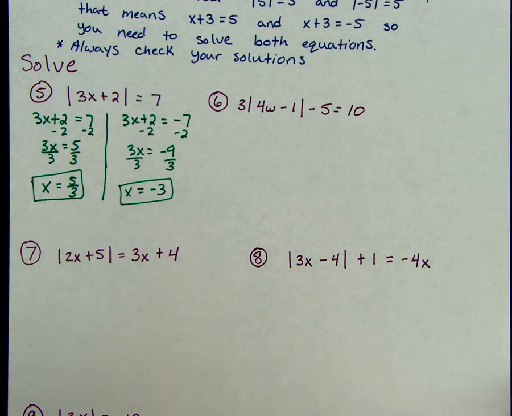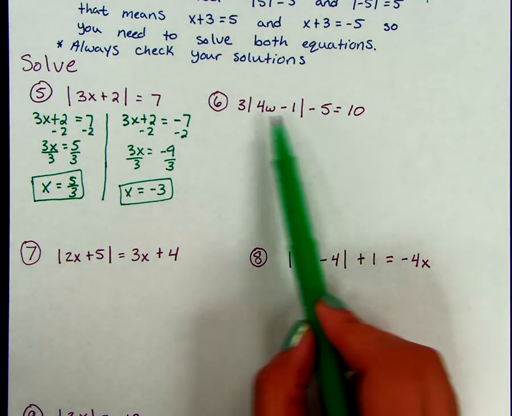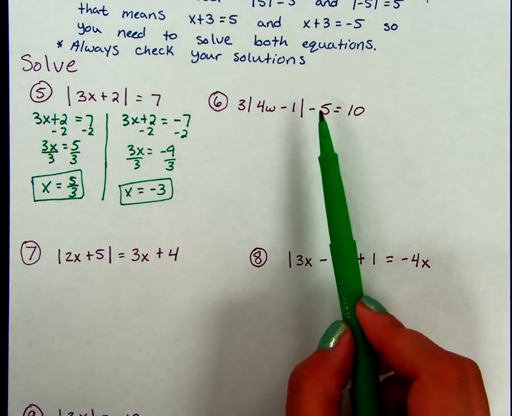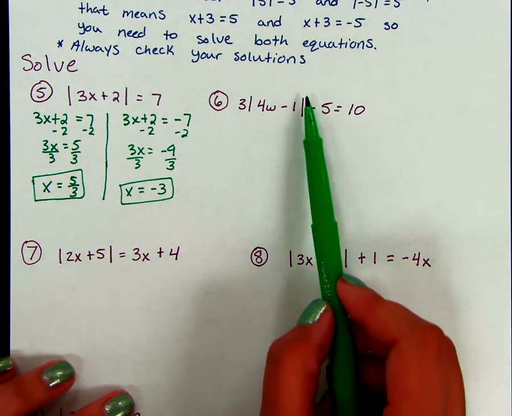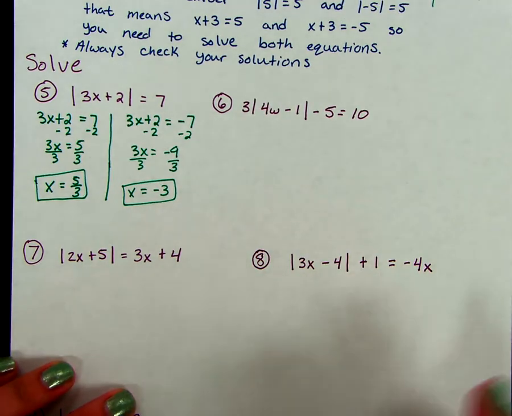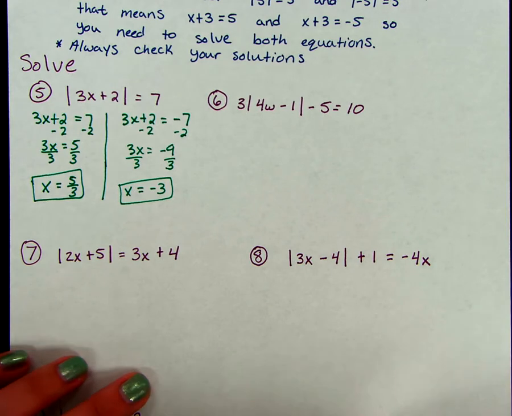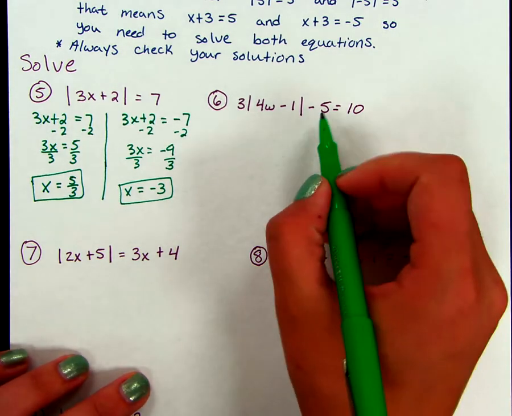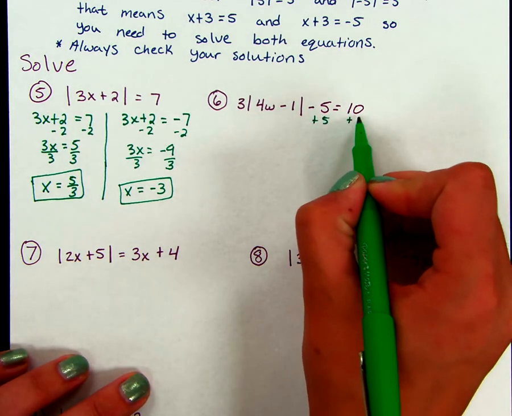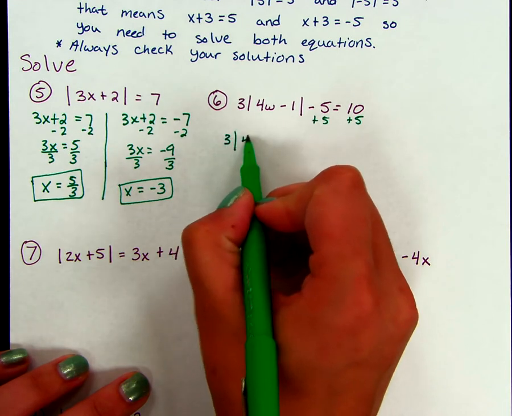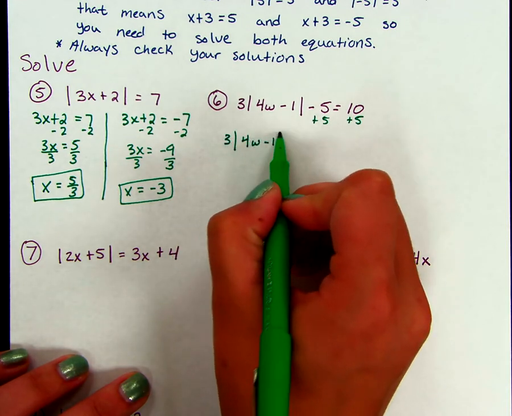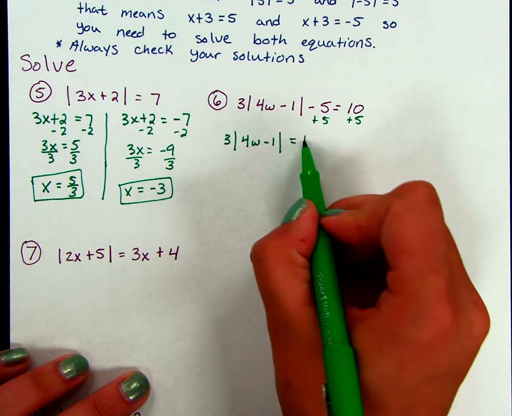All right, next one, if we notice, we have some extra stuff here. Before we actually write our two equations, we always need to isolate our absolute value symbol. That'll make it the easiest, okay? So I'm going to start by adding 5 to both sides. Now we have 3 times the absolute value of 4w minus 1 equals 15.